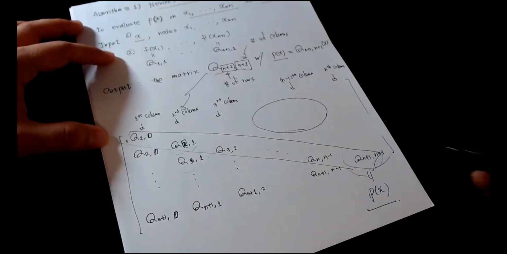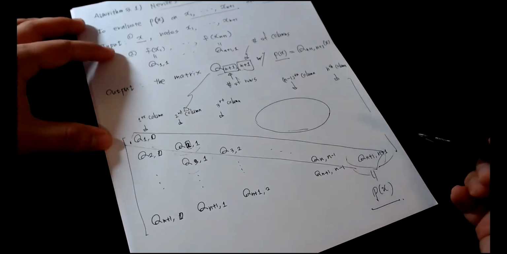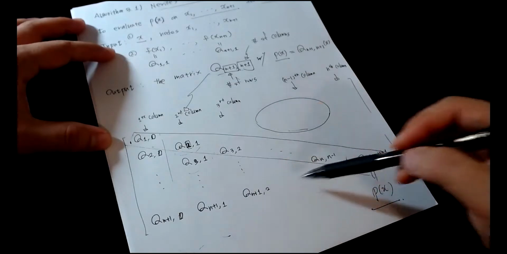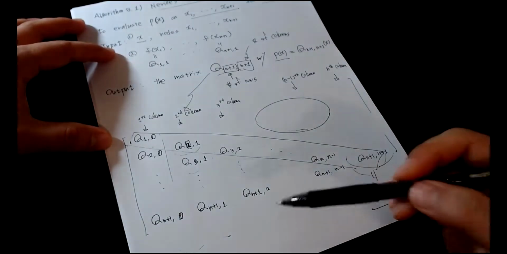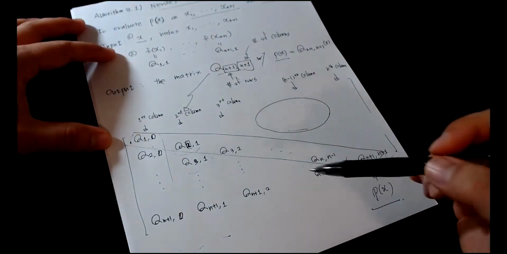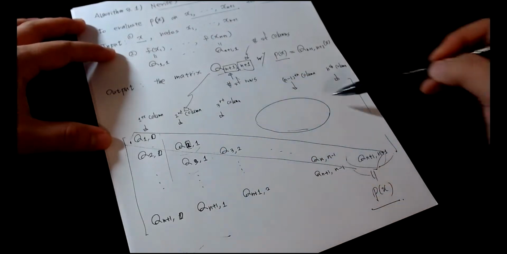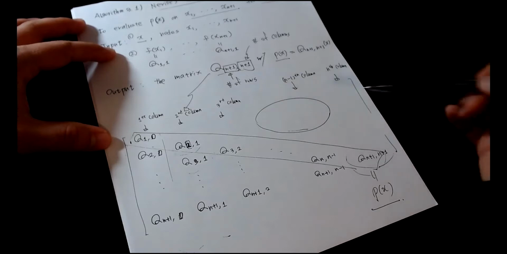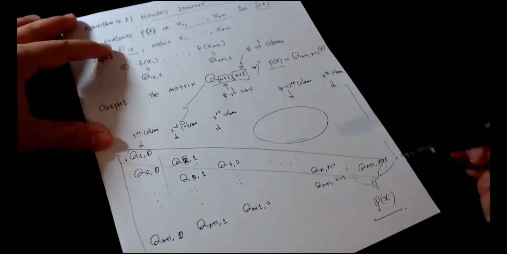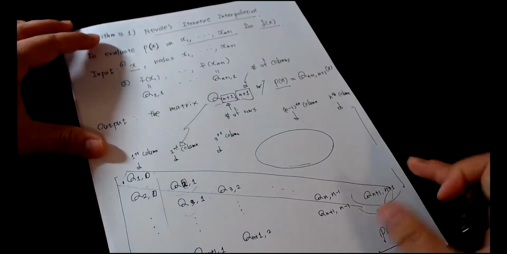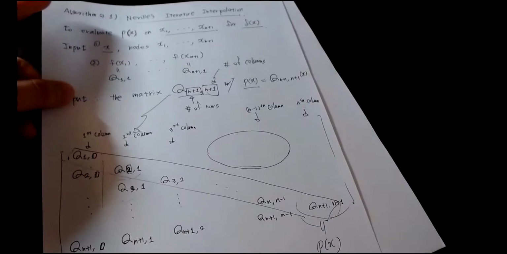We're not going to calculate each column independently. We're going to calculate the second column, third column, up through the nth column recursively, so that we can save computational cost.